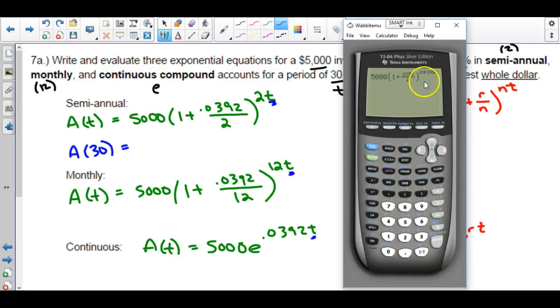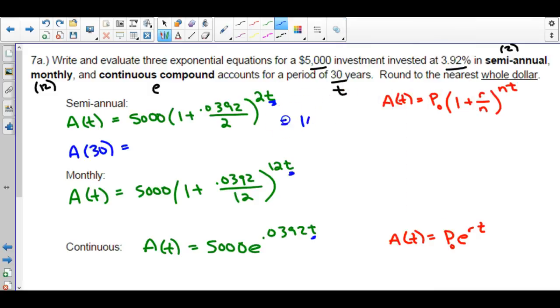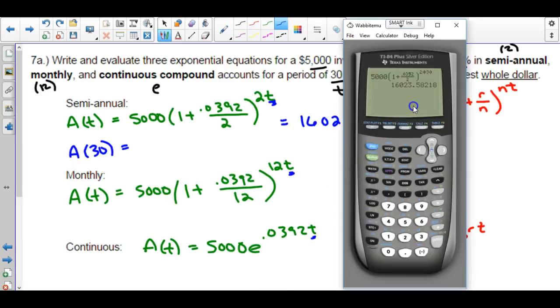If you have an older operating system, you won't be able to do the little fraction trick. What you would instead do is put this fraction in parentheses, and the exponent would also go in parentheses. So I'm going to evaluate that, and it's $16,024 if I round up. And I'll do the same thing for my next one.